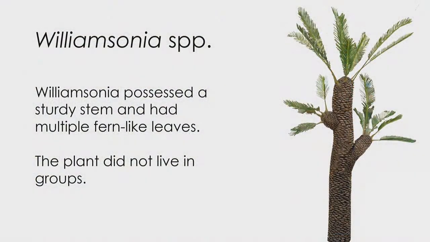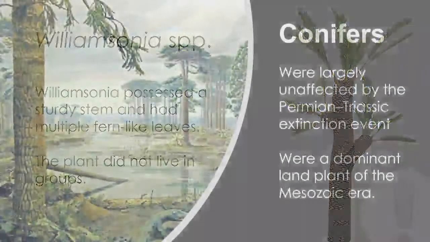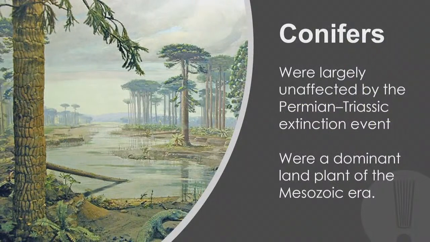There's different species. Williamsonia possessed a sturdy stem, had multiple fern-like leaves, did not live in groups. They lived pretty singularly. Conifers were largely unaffected by the Permian-Triassic extinction event, so that they were adapted to those dry environments.